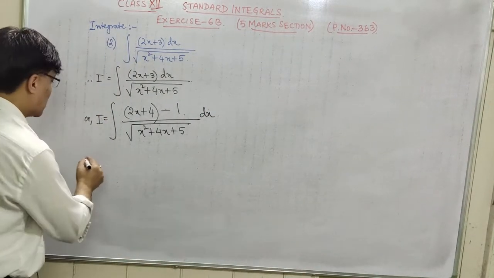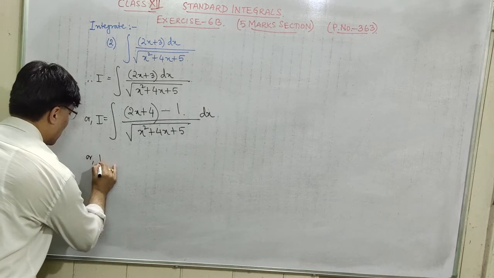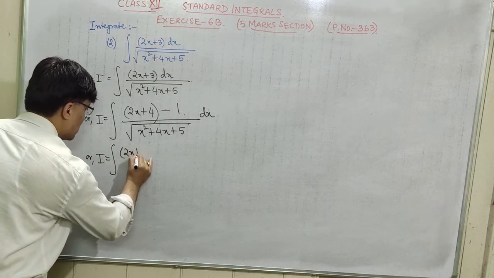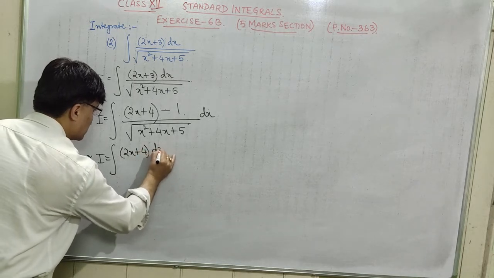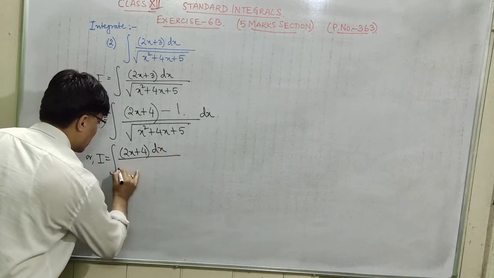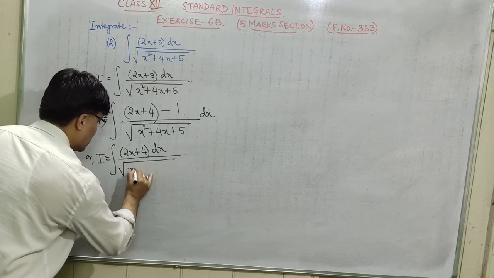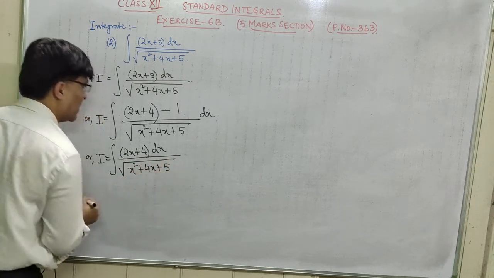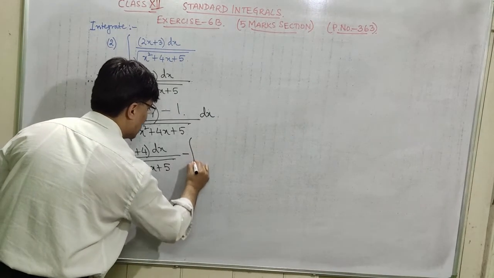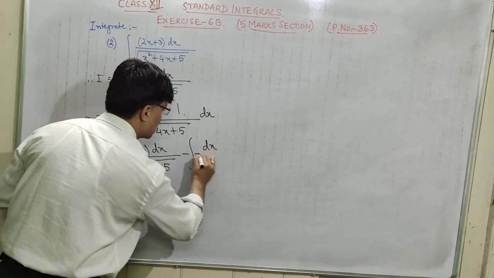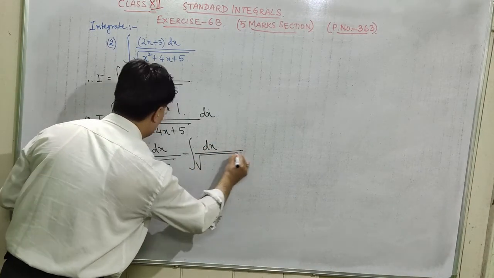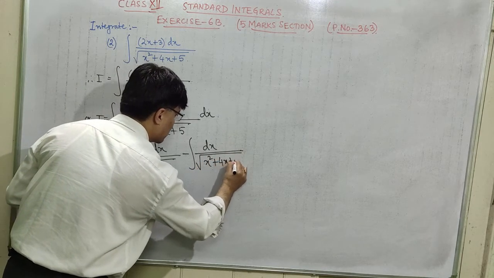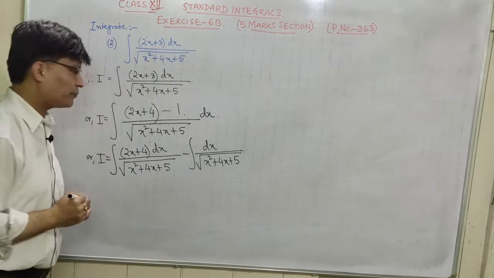So let us separate the terms in this case. I is equal to integration of (2x plus 4) dx divided by root over x square plus 4x plus 5, then minus integration of dx divided by root over x square plus 4x plus 5.